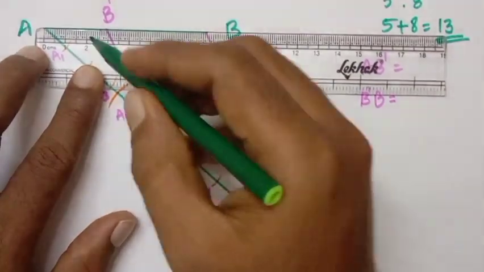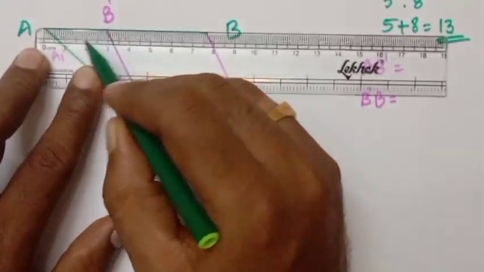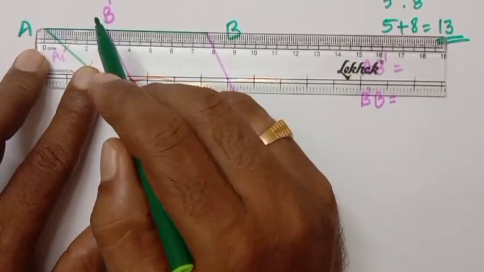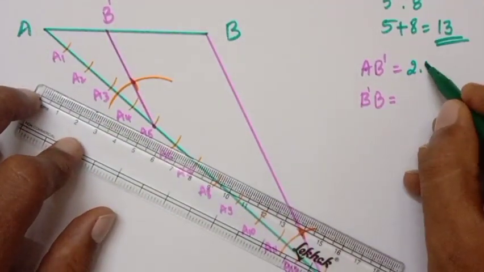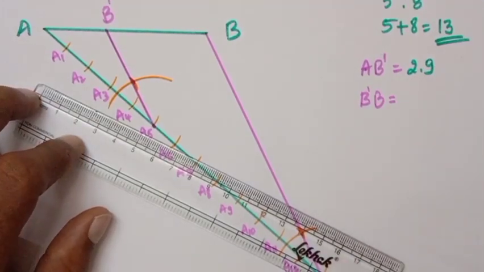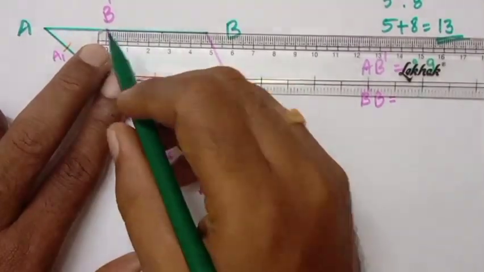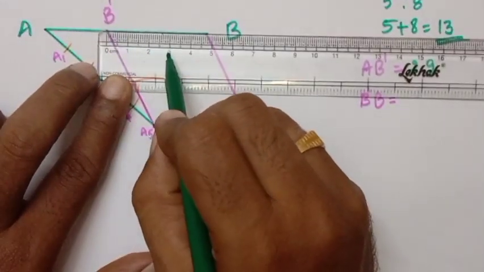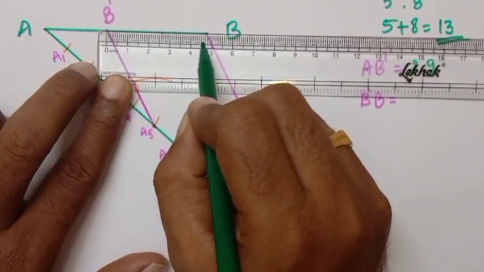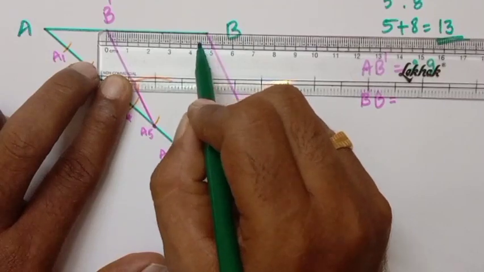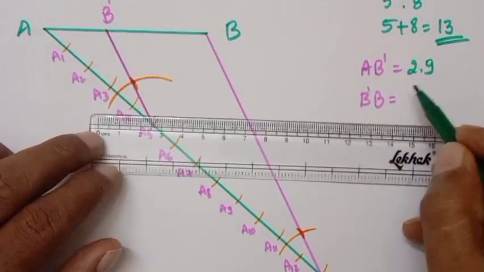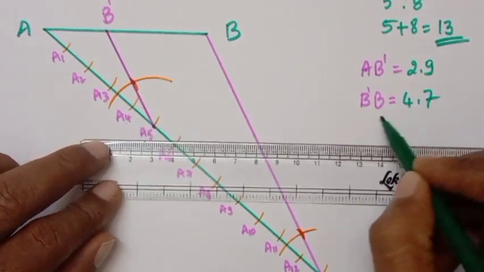AB dash is equal to 2.9. B dash B is equal to 4.7.